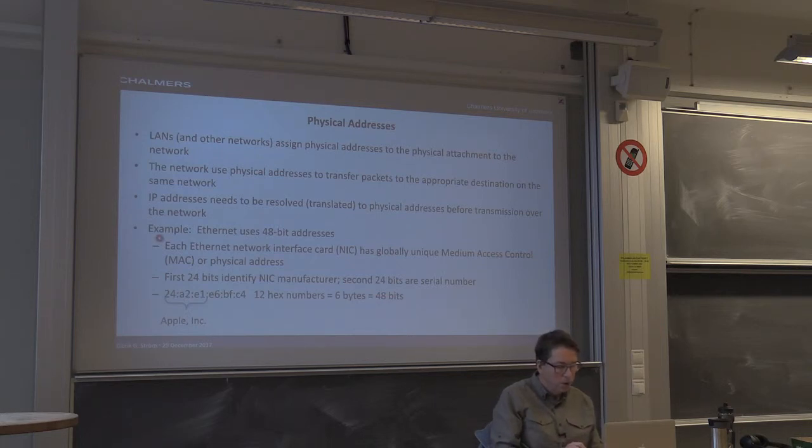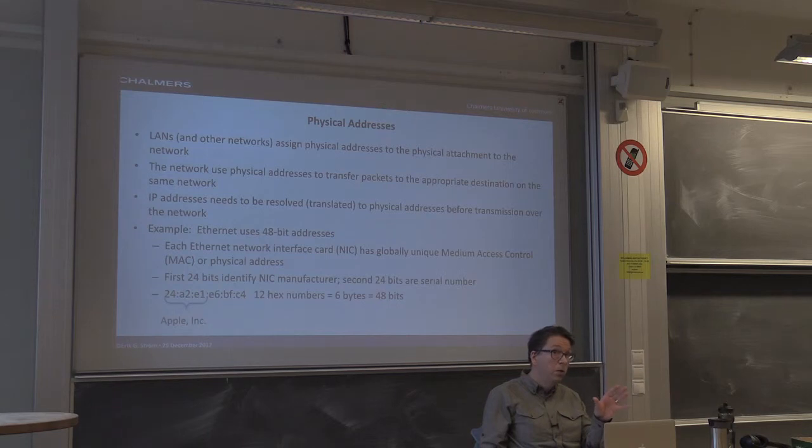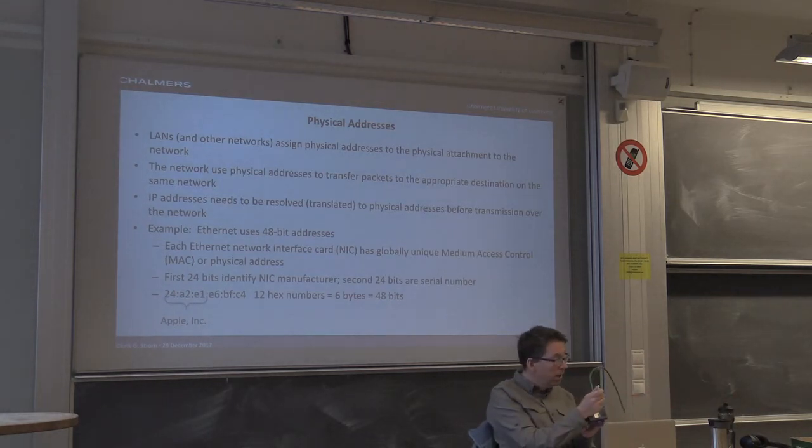Okay, so one physical type of address is Ethernet, which uses 48-bit addresses. Each Ethernet network interface card, the ones in here or the ones in here, has a globally unique medium access control address, MAC address or physical address. So a MAC address, which might be familiar to you, is a physical address which identifies uniquely that chip which is in here.